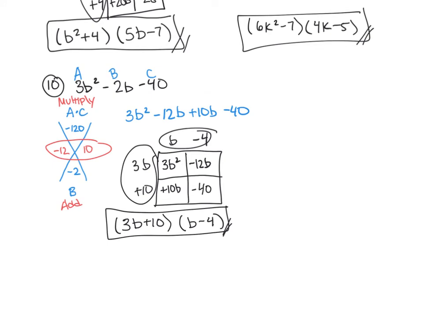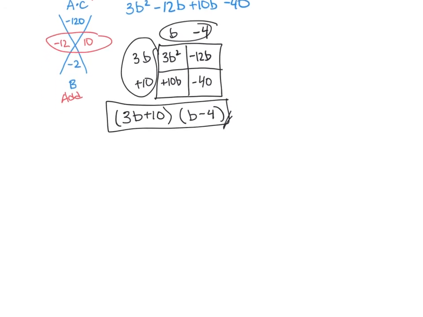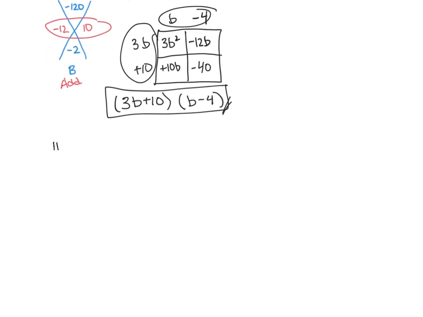We'll try this once more, and then we'll talk maybe about a few other different types of problems that get a little bit interesting. So I'm going to move this up so we can work on problem 11. Problem 11 is 7v squared plus 45v plus 18.